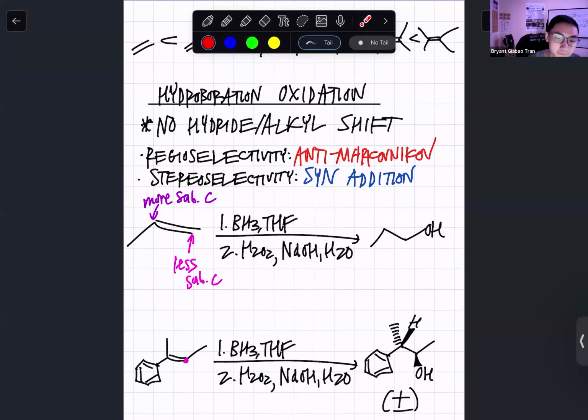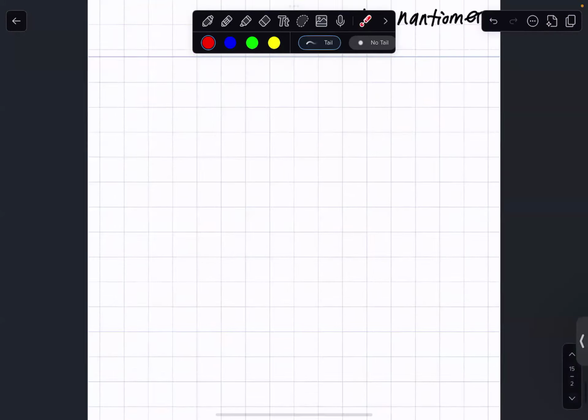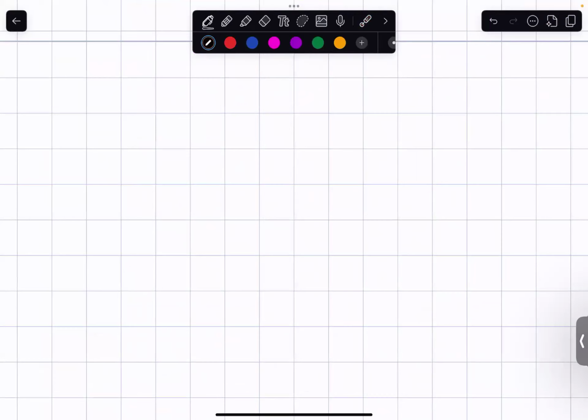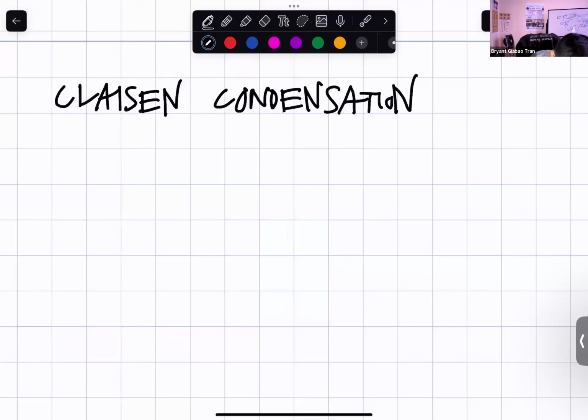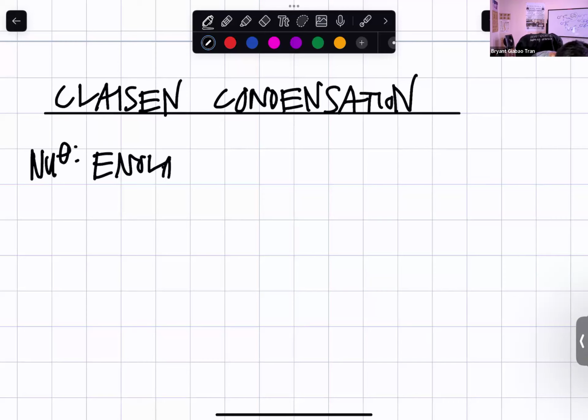I wanted to ask about Claisen condensation. Oh, Claisen condensation. Yeah, in general. So, here's the general thing to it. The nucleophile is going to be an enolate ion, specifically the alpha carbon of the enolate ion.